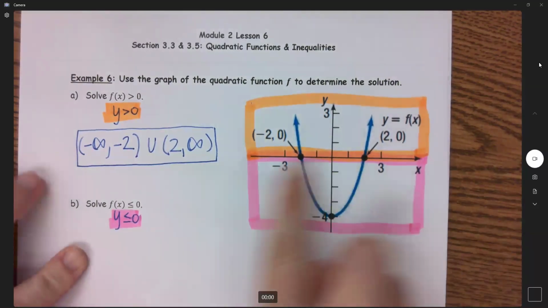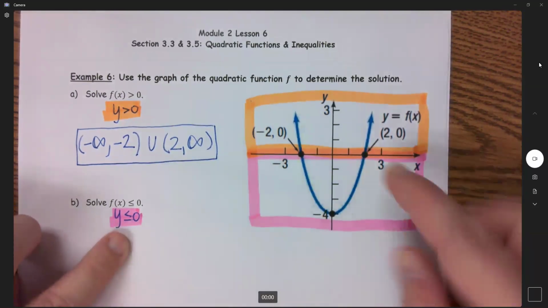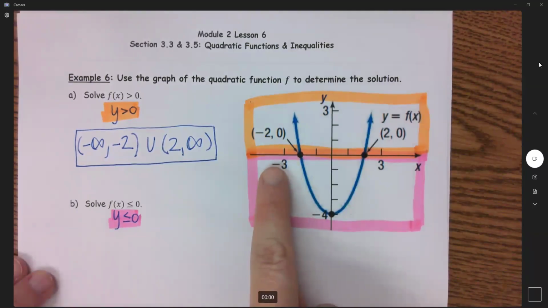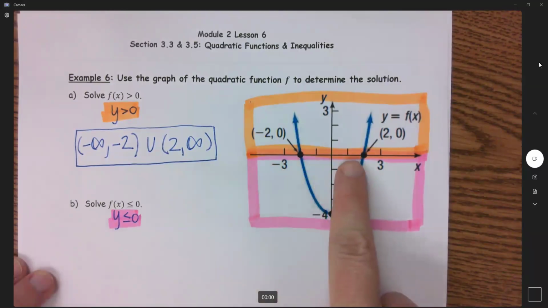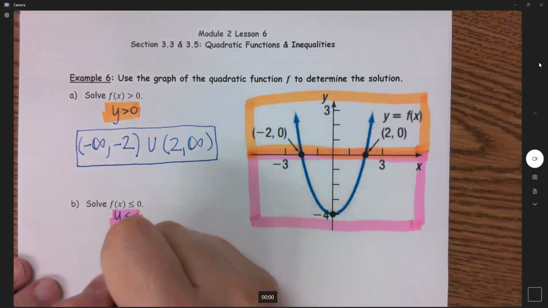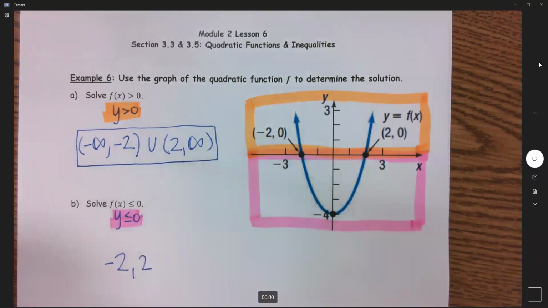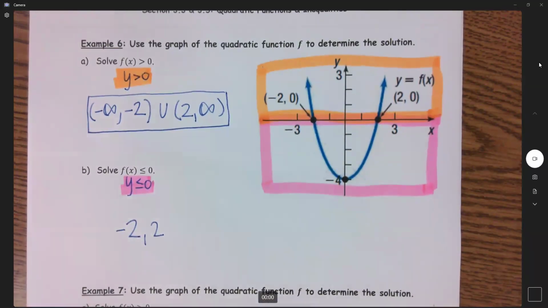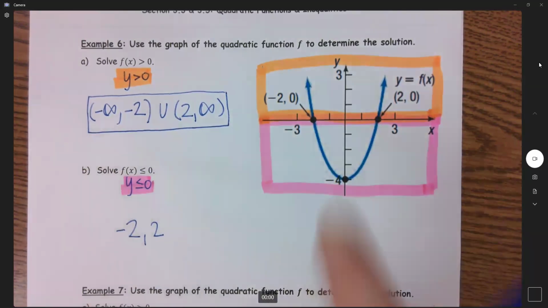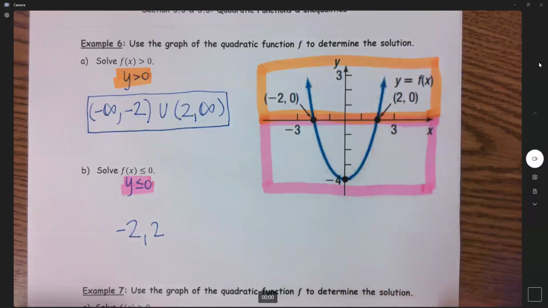So where do I have y values here that are less than 0, that are negative? From when x is -2 all the way here to when x is 2. Now, because this one is less than or equal to, it does include these x-intercepts.